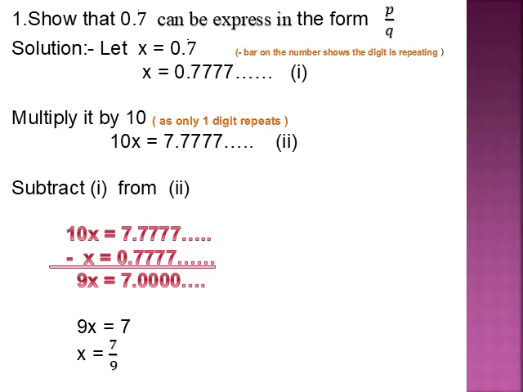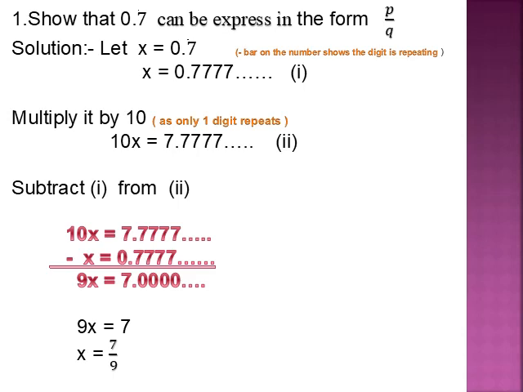Now subtract equation 1 from equation 2. You will get 9x equals 7.000. So 9x equals 7, so x equals 7 by 9, which is in the form of p by q. So it is a rational number.